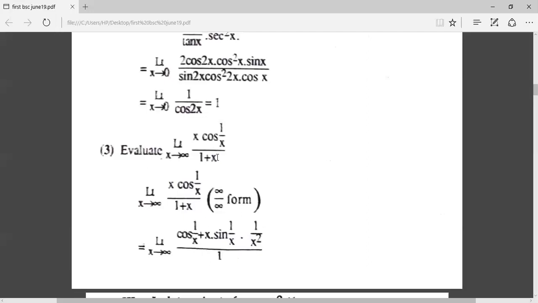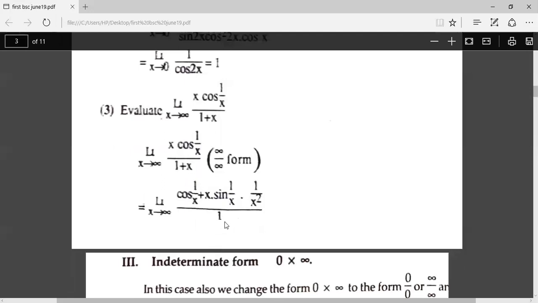Minus into minus becomes plus. So what you will get is cos 1 by x plus x sin 1 by x into 1 by x square, divided by 1 plus x.